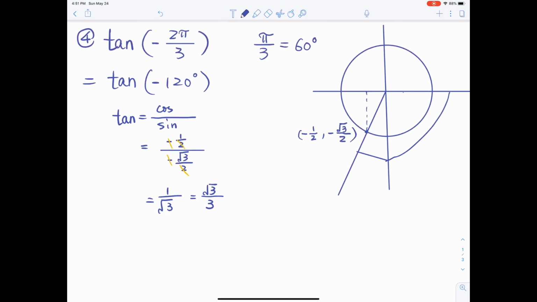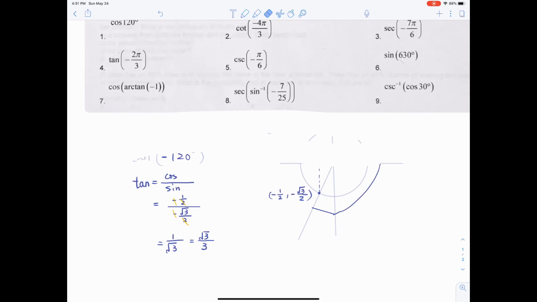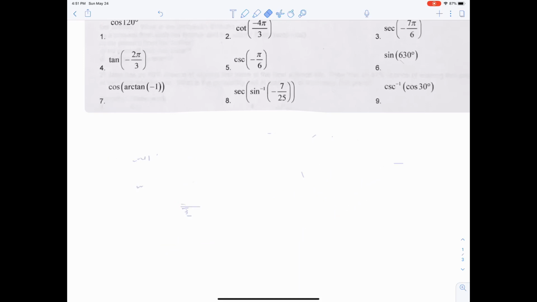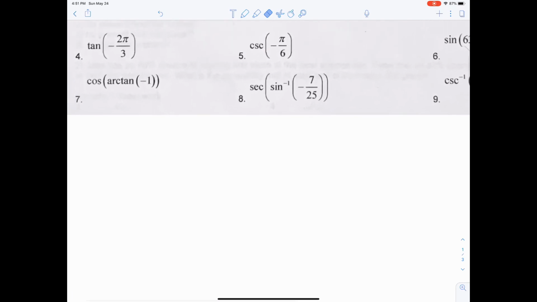Okay? Okay, question number 5. Oh, I like it. So cool. Question number 5, cosecant. Let's copy this.